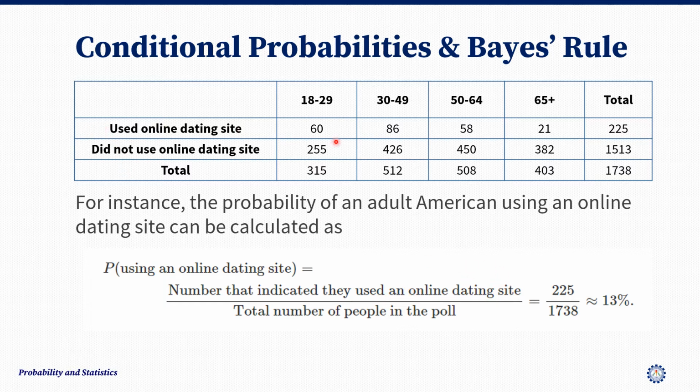Here in the second column, the total is 225, so we'll put that here. And then over the total number of people in the poll, which is 1,738. So 225 divided by 1738 is equal to 13%. So that's how we compute probabilities.